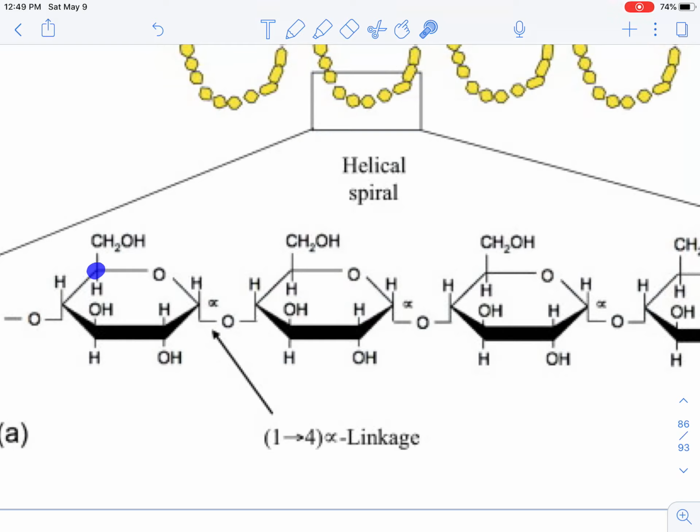So this last chiral carbon is not our anomeric carbon. And so the only other carbon that this oxygen is bonded to is this carbon right here. And this carbon is going to be the anomeric carbon. And if you recall, the anomeric carbon used to be the carbonyl carbon of the aldehyde or the ketone.